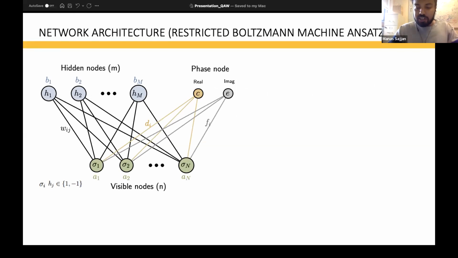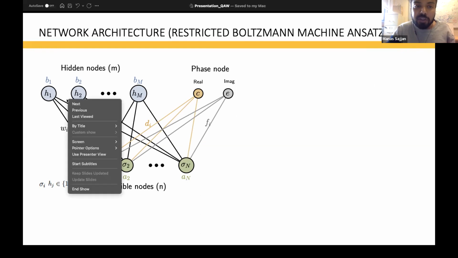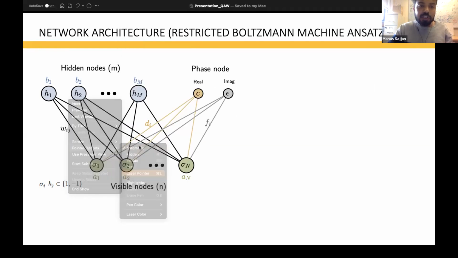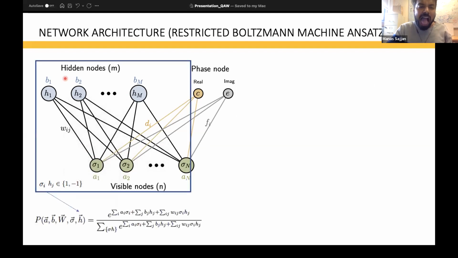Now, what is the machine learning component of this particular algorithm? We see that we have basically two parts to our ansatz. The first part is encoded within a blue box, and that represents a neural network which is commonly known in the deep learning community as a restricted Boltzmann machine.